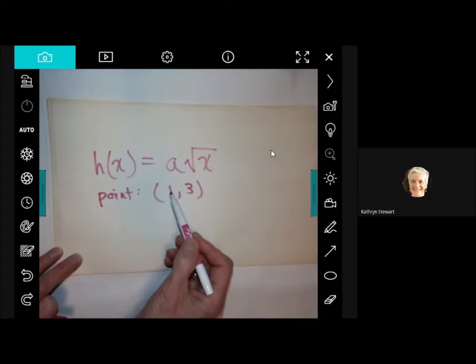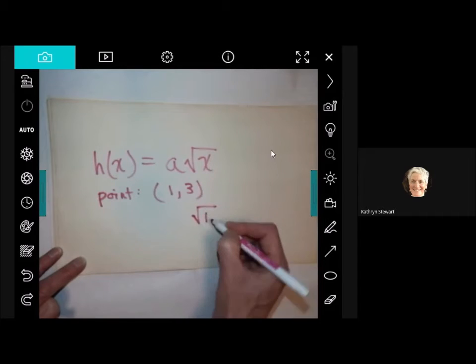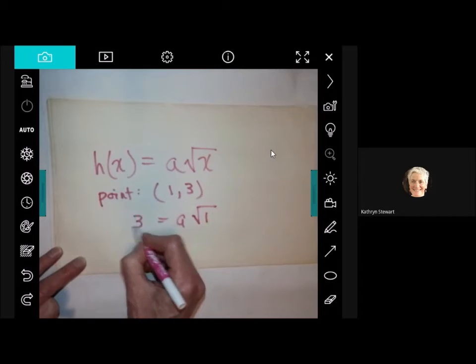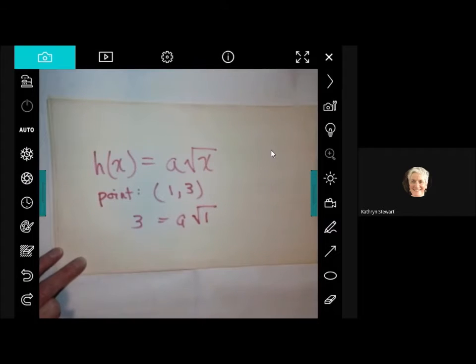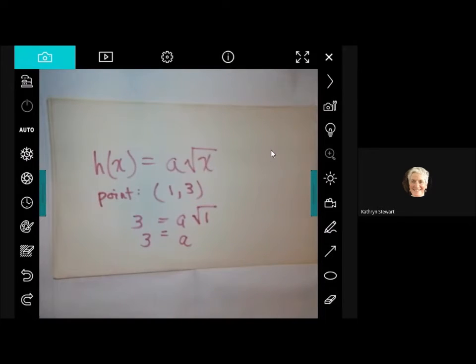So if you want, you can just put in the 1 for your x. You can put the 3 in for your y, which in other words is your h of x, and solve for a. So let's see, a times square root of 1. Well, square root of 1 is 1, so I get a equals 3. Oh, so I know that this a is in fact a 3.